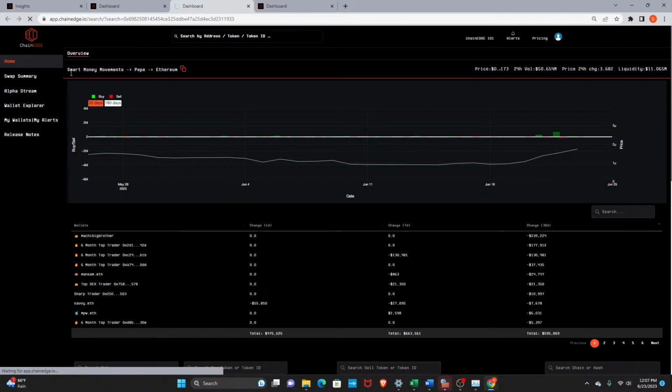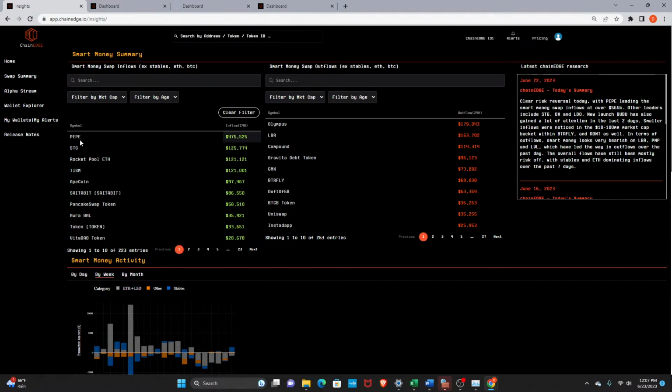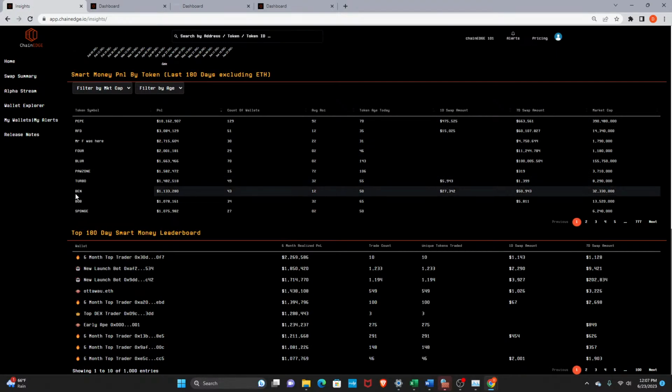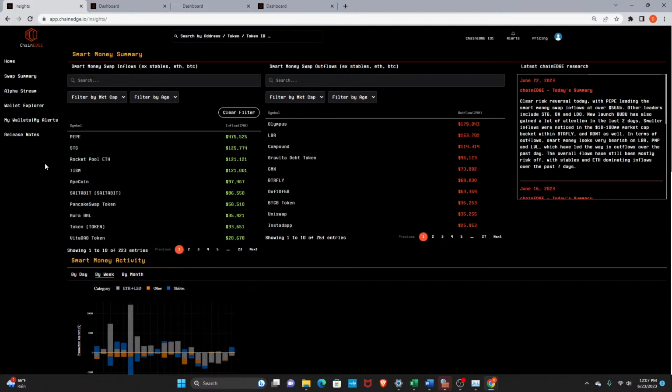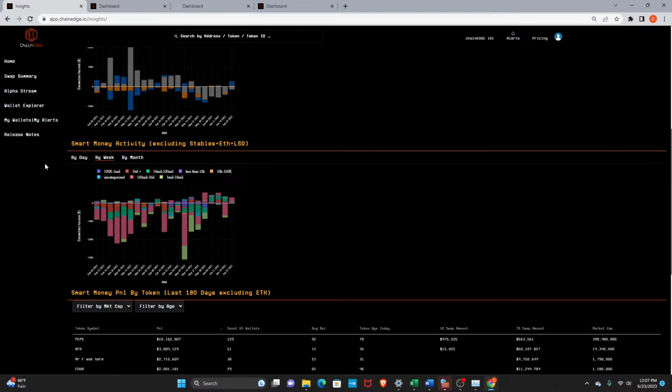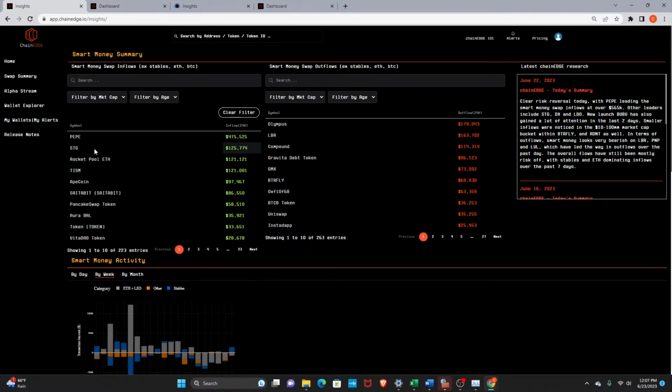But yeah, I think there's a lot of cool things you can do now with the new homepage, and there's a couple things that we're working on adding in terms of other dashboards. The main one that we're focusing on now is, because we have all of these tokens categorized into market cap bins, we have P&L by trader by market cap bin, right?